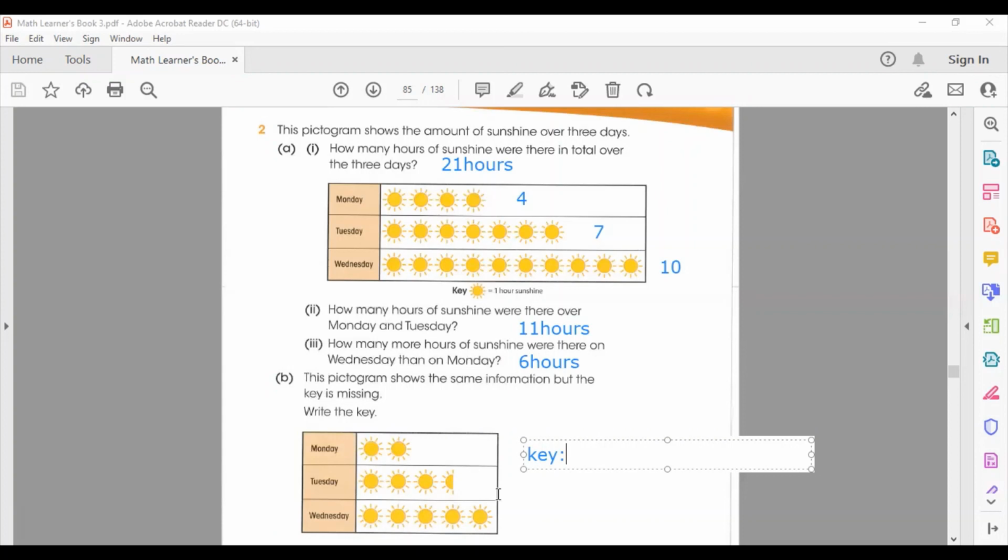So we can write here, 1 picture represents 2 hours of sunshine. One sunshine represents, or is equal to, 2 hours.